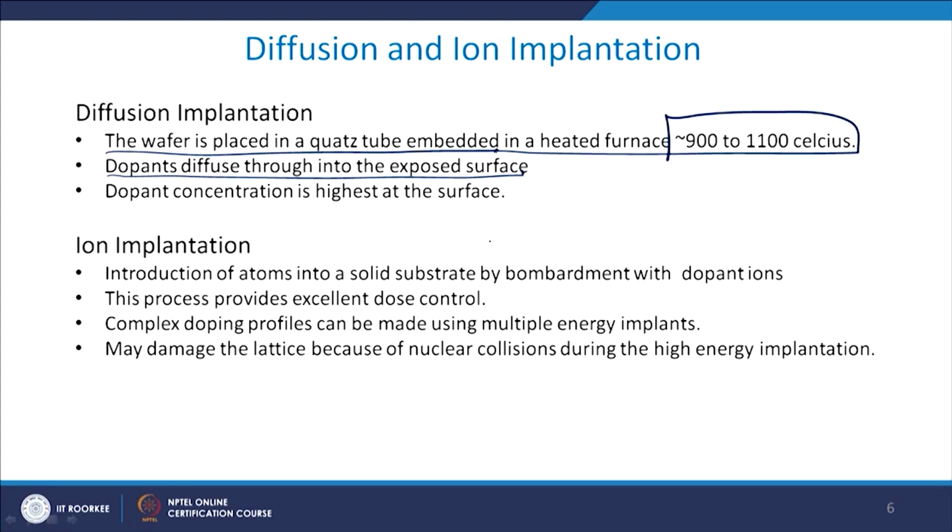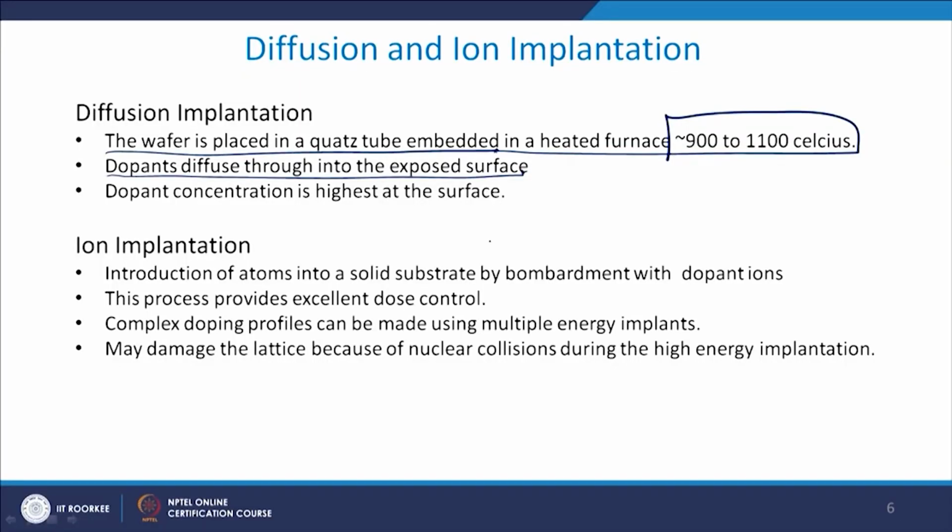Of course, the diffused dopant concentration will be highest at the surface, and as you go inside, the percentage of the dopant species starts to fall, right. This is a standard problem people face while doing doping: the doping is always highest on the surface and goes on reducing as you move within.